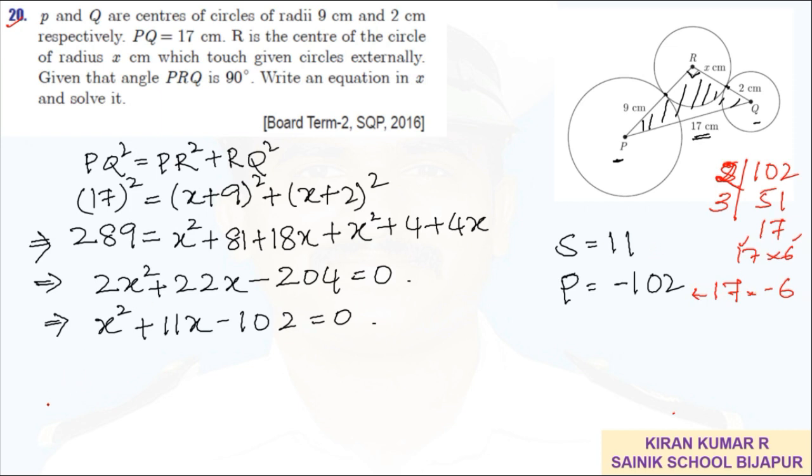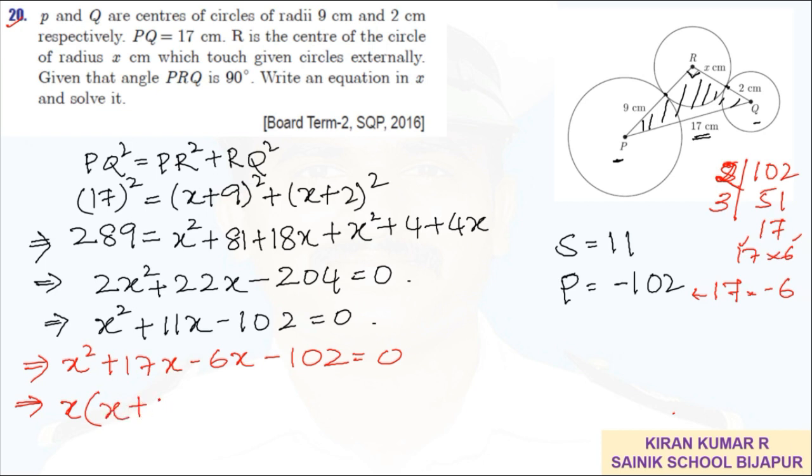Yes. Therefore, I will write x square plus 17x minus 6x minus 102 equal to 0. In the next step, x is common, x plus 17 minus 6 is common, we'll get x plus 17 equal to 0.